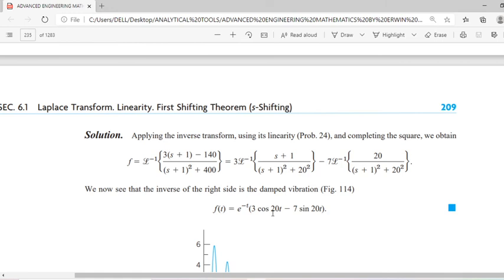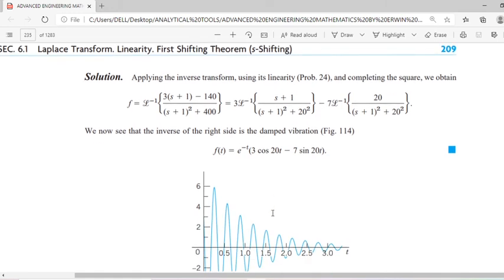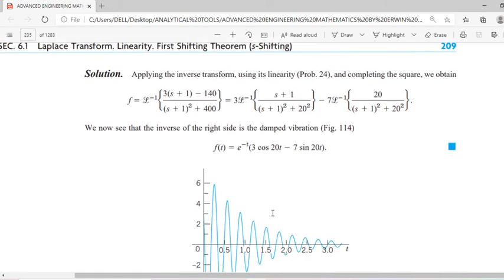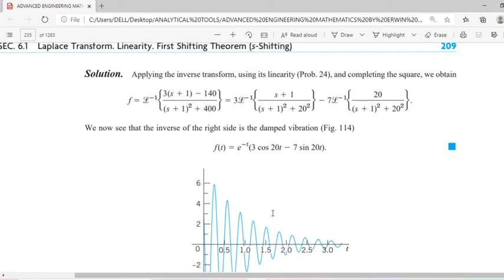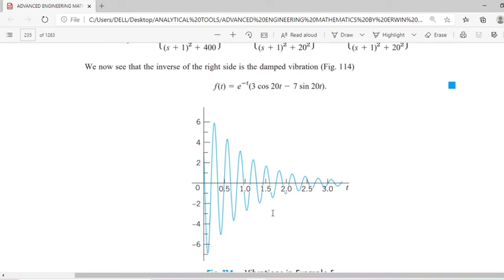So I think you got the idea of finding the Laplace transformation of complicated functions using the available information. Up to this we have studied basic formulas of the Laplace transformation of some well-known functions, and now we are trying to find the Laplace transformation or inverse transformation of complicated functions.